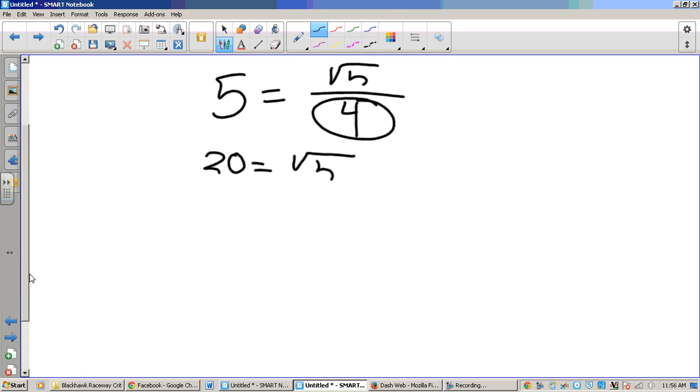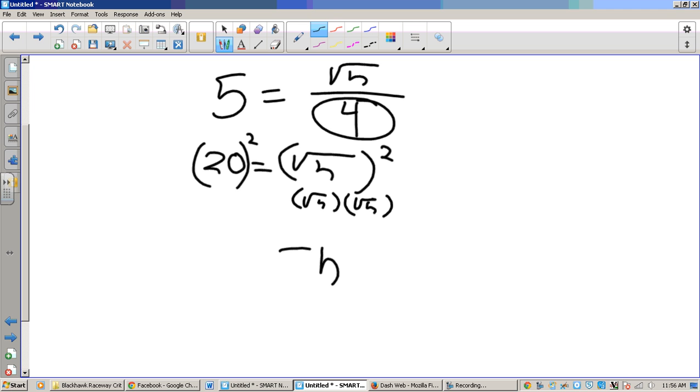To get rid of the square root, we simply square both sides. The square root of h times the square root of h is just simply h. So h equals 20 squared, 20 times 20, which is 400. The height was 400 feet.